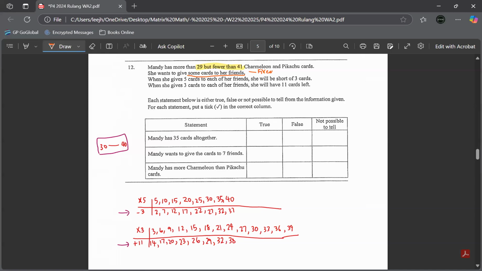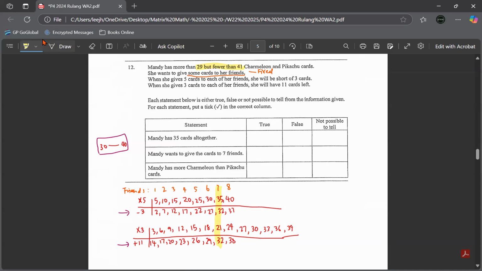So this is for one friend, then 2, 3, 4, 5, 6, 7, 8. If you look at these two rows, I need the number of friends to be fixed, which is 7, because this is the correct column.